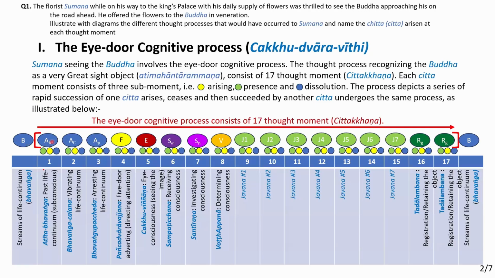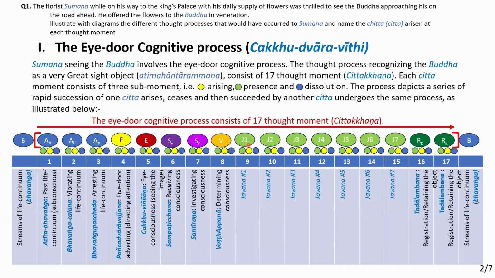Starting from the first chitta activated in the series is the Atita Bhavanga, Bhavanga Chalana, Bhavanga Upaccheda, Pancha Dvara Avajjana Chitta, then the eye consciousness, Chakkhu Vinnana, followed by the receiving Sampaticchana Chitta, then the investigating consciousness, Santirana, followed by Votthapana, which is the determining.